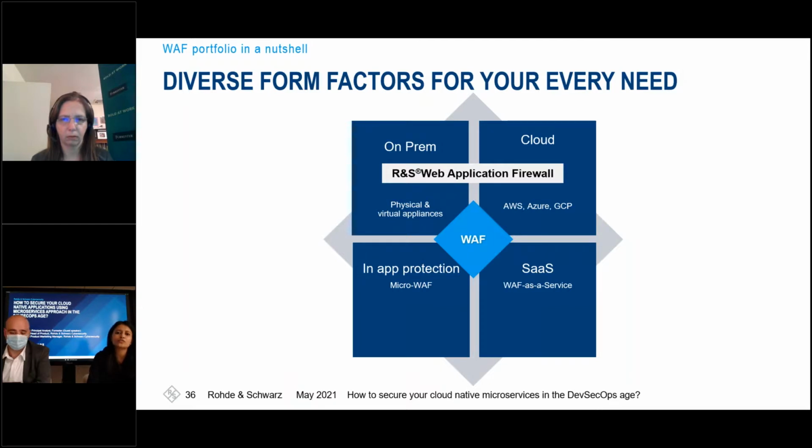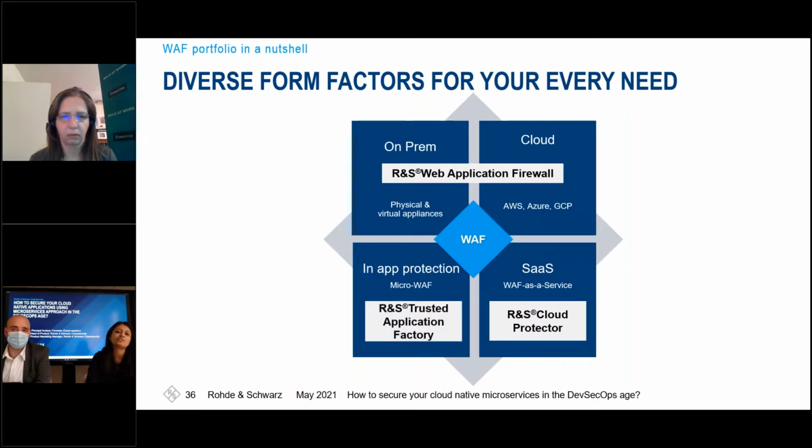We also have a software as a service solution called Cloud Protector, which is really easy to implement and configure. You just have to redirect your application traffic to our infrastructure, and within minutes, you will be protected. And finally, we have Trusted Application Factory, which is our latest offering. It uses containerized technology to protect your microservices. You can test this freemium version on our DevSecOps community website.